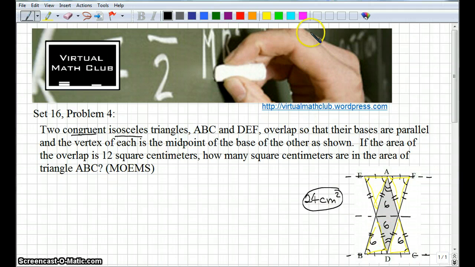So there's actually another theorem, the SAS theorem, the side-angle-side theorem, that if you have two sides that are equal and the angle between them is equal, then these triangles are congruent to each other. So we know those are congruent.